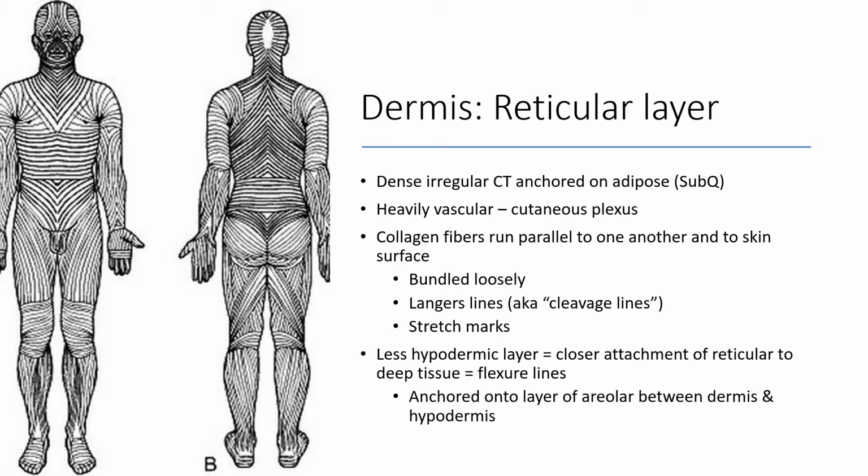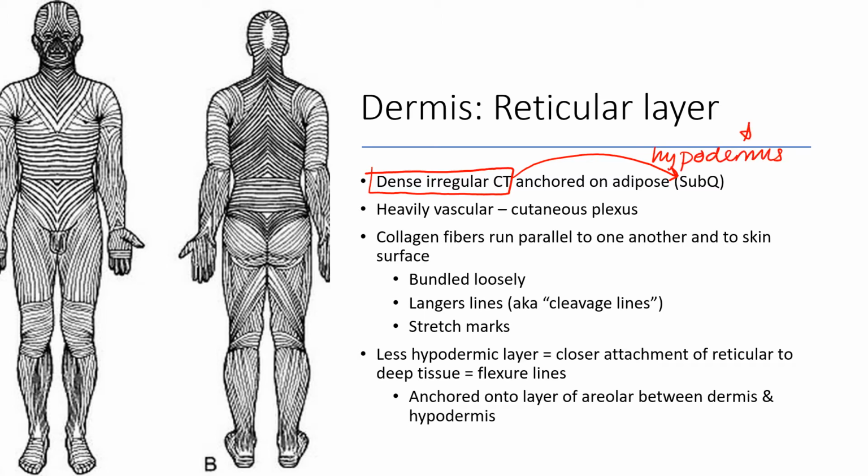Now let's take a look at the reticular layer of the dermis, the deeper of the two dermal layers. This, as we talked about, is made up of dense irregular connective tissue, and it in turn is anchored onto adipose. This is also known as your hypodermis.